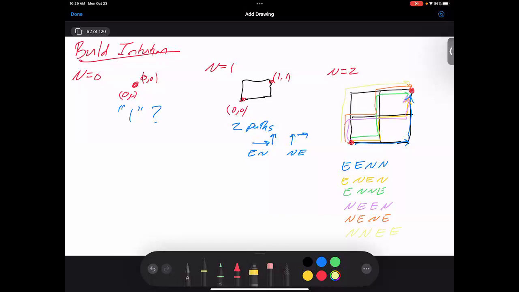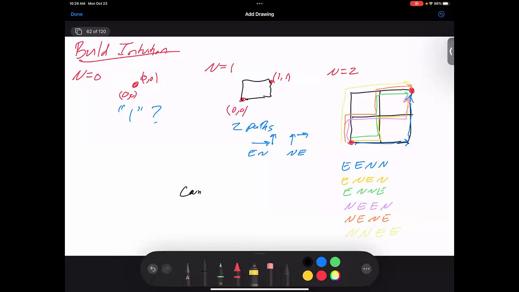Okay. And again, it's very easy in an analysis like this to miss something. Did we get all the paths? Or maybe we could try to do some kind of symmetric argument. Half the paths will start with an east first, half the paths will start with a north first, right? There's a symmetry.